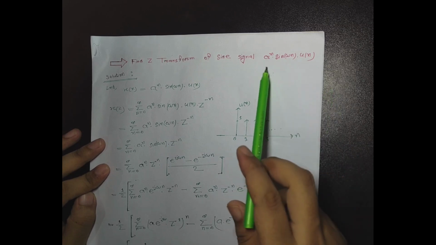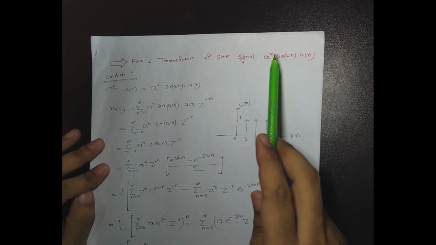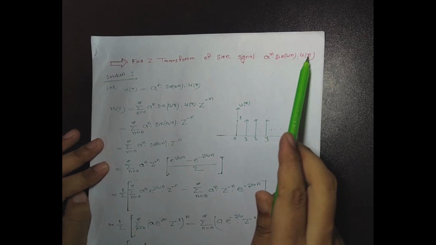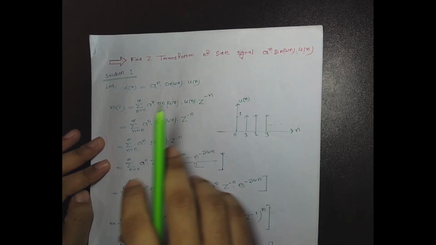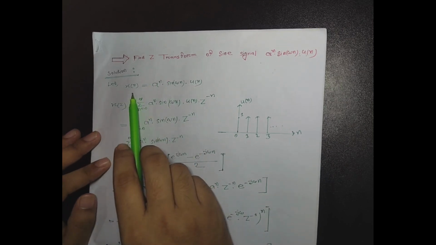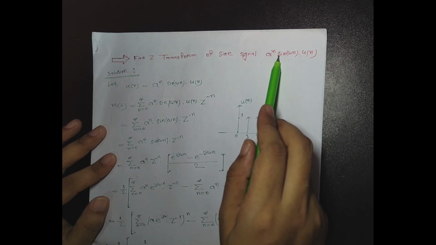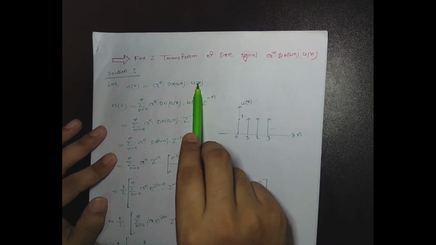Another is the sine signal: a to the power n sin(ωn) into u(n). Solution: let x(n) equal a to the power n sin(ωn) into unit step signal.